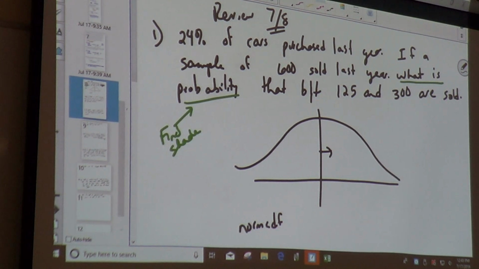Okay. Now, from that problem, do y'all see the mean? It's there. 0.24. This is my mean. Now, because we have a percentage on the bottom, that means we need all percentages on the bottom.